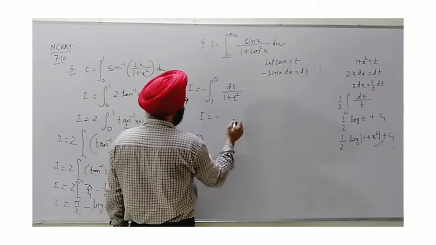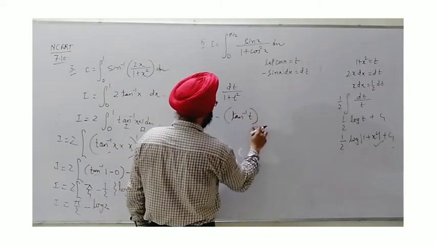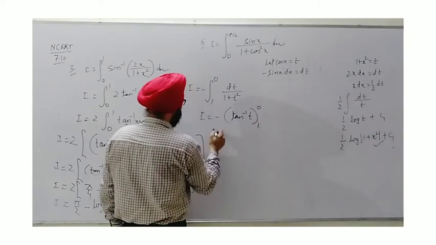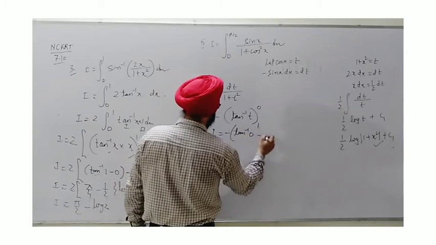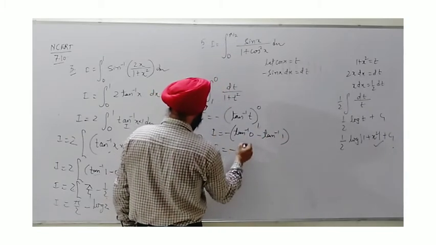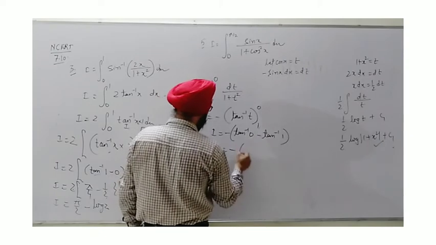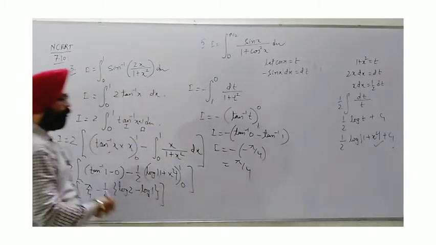I is equal to minus tan inverse t with limits 1 to 0. If I take the limits inside, I get tan inverse 0 minus tan inverse 1. Solving, I find it's 0 minus pi by 4, and finally pi by 4.